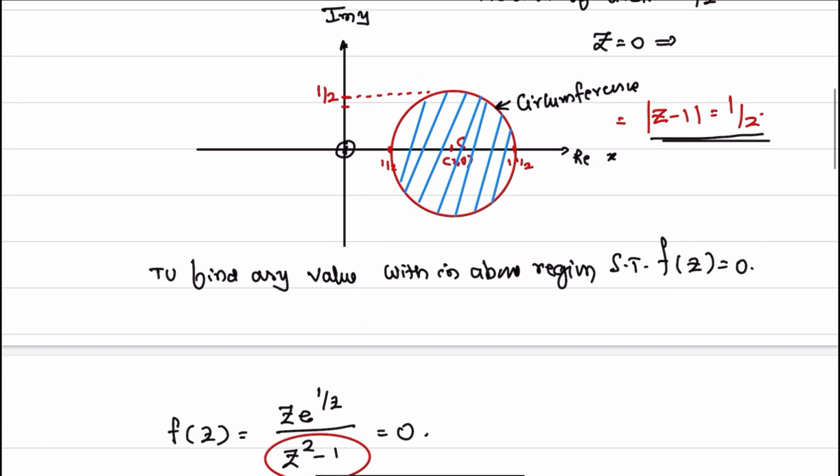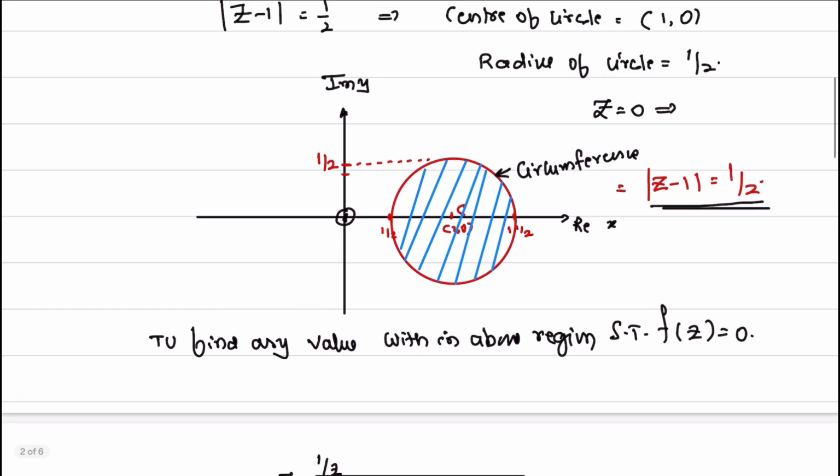You just see, Z is equal to 1 is within the region, but the question should be modulus of Z minus 1 should be less than or equal to half. And if Z is equal to 0, it is outside the circle.